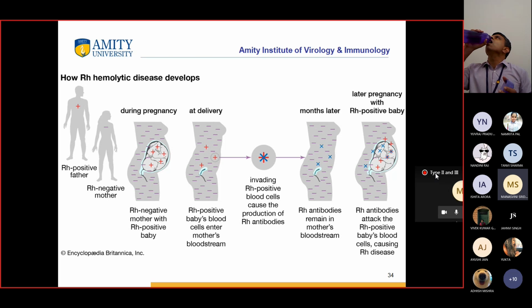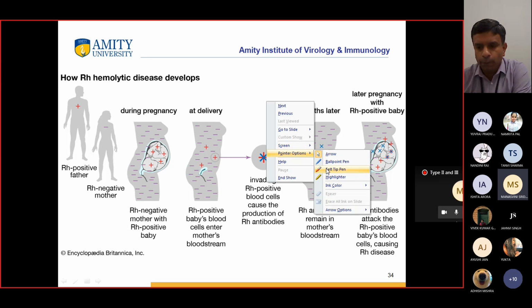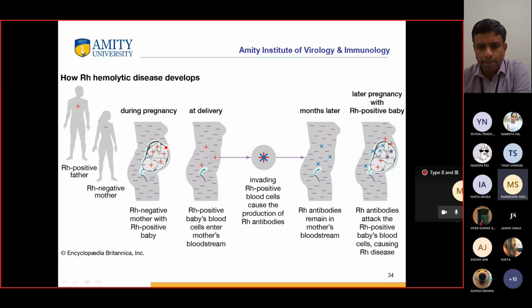Okay, so in this case, there is an Rh positive father and an Rh negative mother. During the first pregnancy, let's say the Rh negative mother is pregnant with an Rh positive baby, then during pregnancy there isn't too much of an issue. But once there is delivery, the umbilical cord blood of the fetus will mix with the mother's, and the mother's immune system will detect the Rh positive RBCs as foreign.